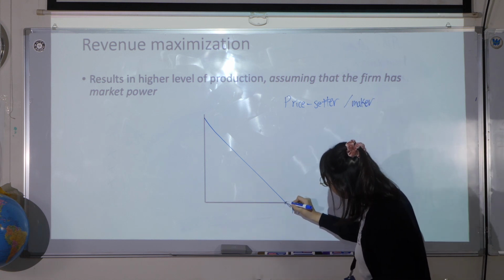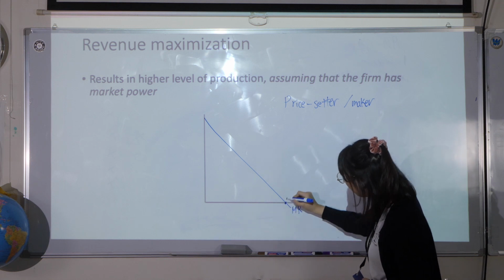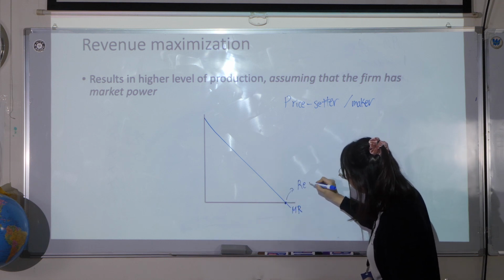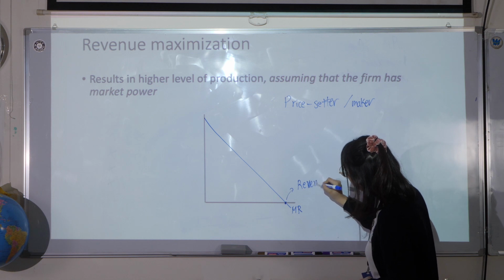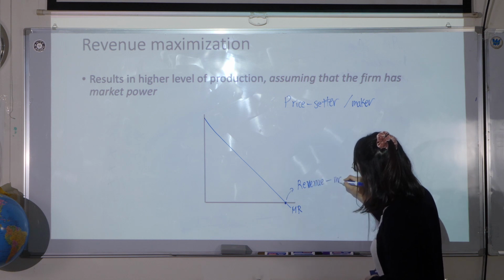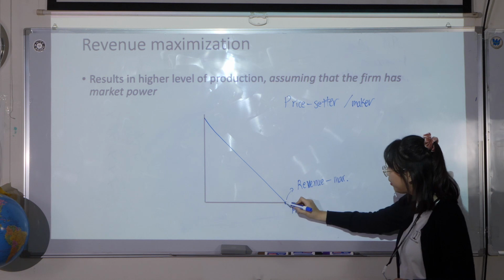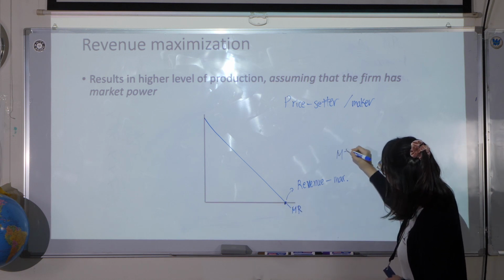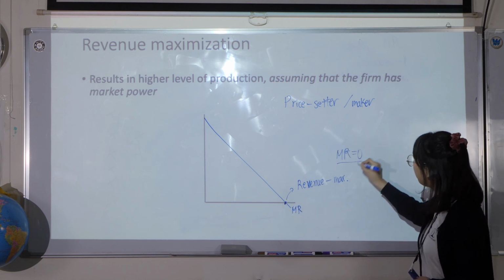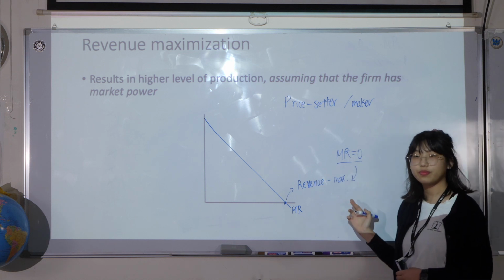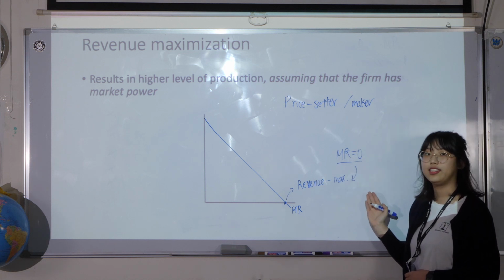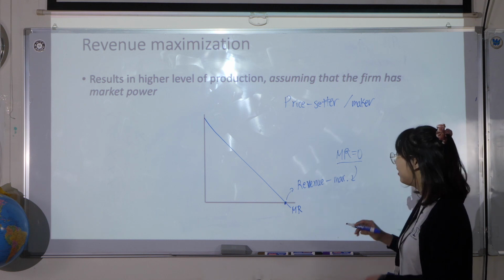And at this point is when they're maximizing their revenue. So remember, when MR equals 0, they're maximizing their revenue. Important. Okay, let's move on.